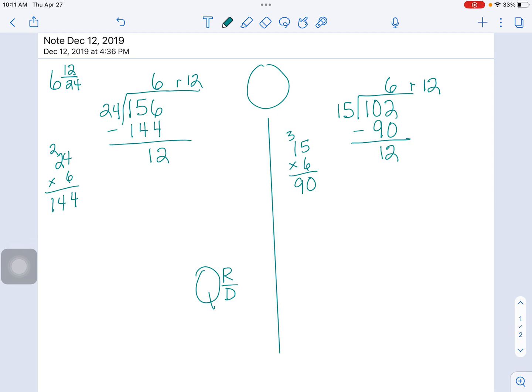And the other one would be 6 and 12/15. So now I can decide which one is larger by looking at the mixed number. But the directions say use decimal division.